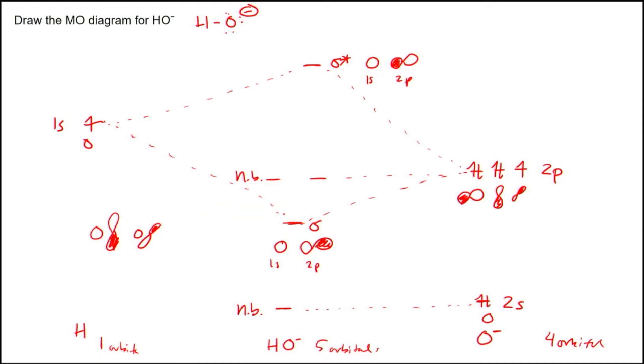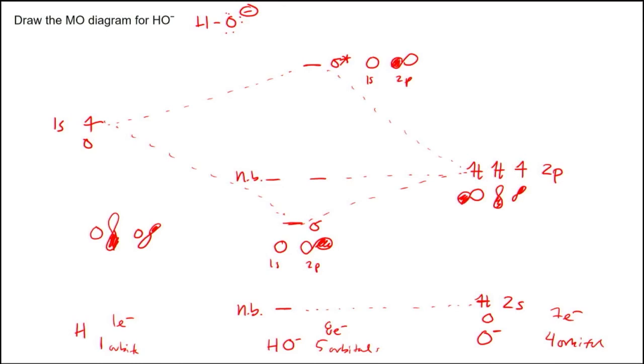Now all we have to do is add up how many electrons we're contributing and putting into the molecular orbital diagram. In the case of the hydrogen, it only has 1 electron. In the case of the O minus, we have 7 electrons. So there's a total of 8 electrons that we should be putting into our molecular orbital diagram. Following the Aufbau principle, Hund's rule, and the Pauli exclusion principle, we fill in our diagram with these electrons.